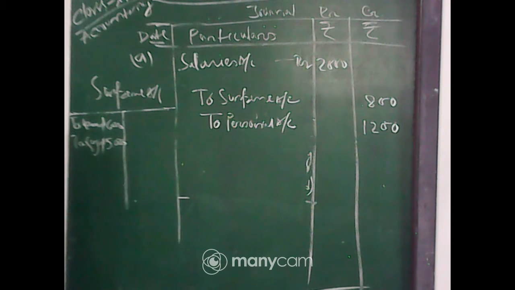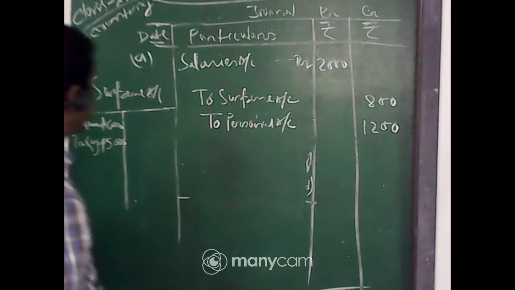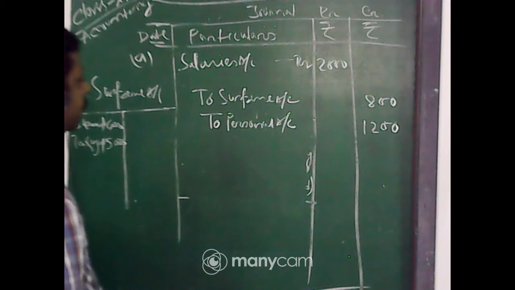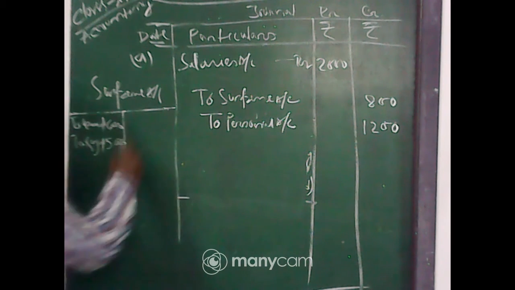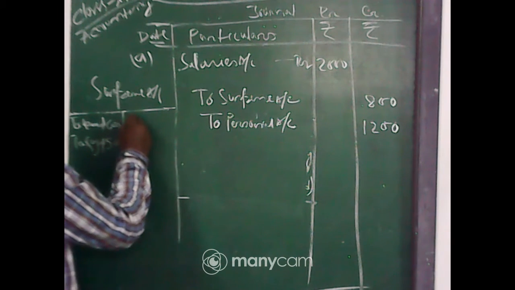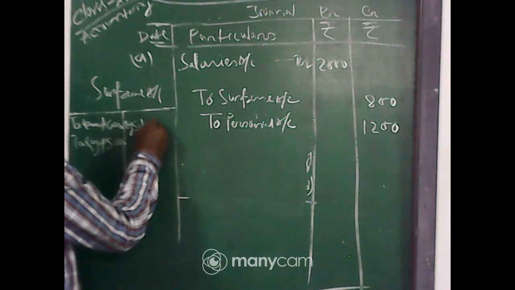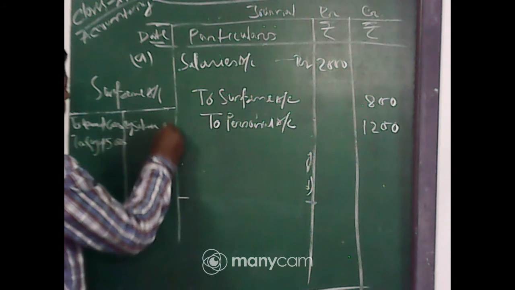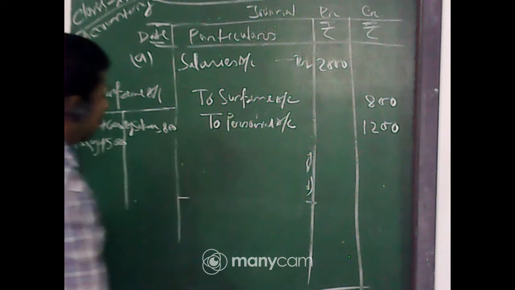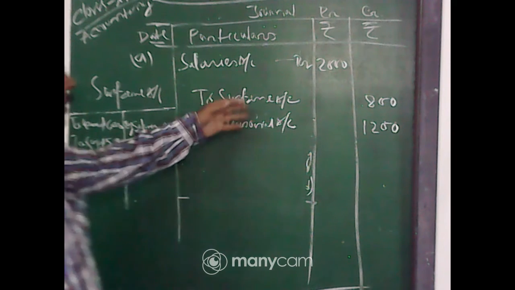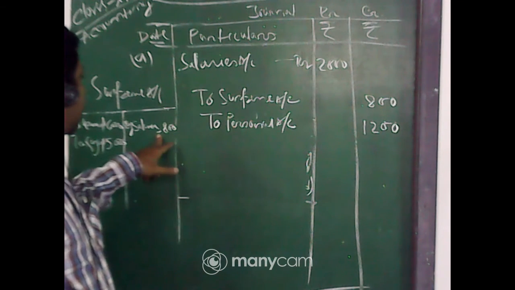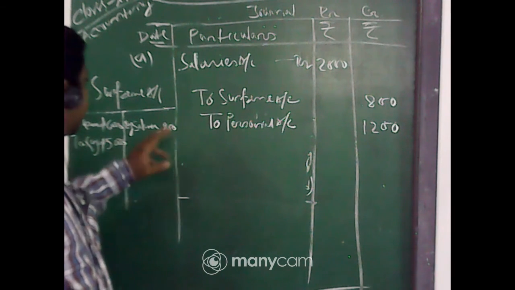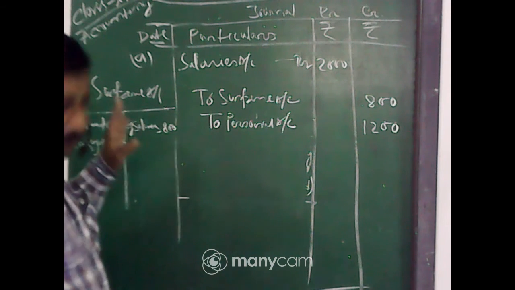Now in the suspense account ledger you have to post the salaries amount, that is 800. As the suspense account is 800, salaries will also be 800 in the suspense account ledger.